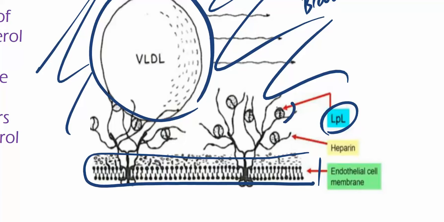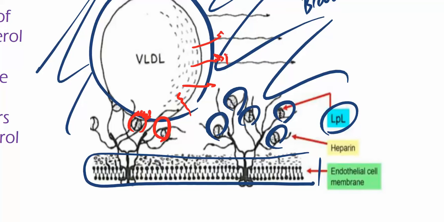So here we can see this lipoprotein lipase, right? It's bound to heparin, and it's just there on the endothelial surface. So this LPL is going to act on this VLDL, and it's going to cause the release of free fatty acid, right?